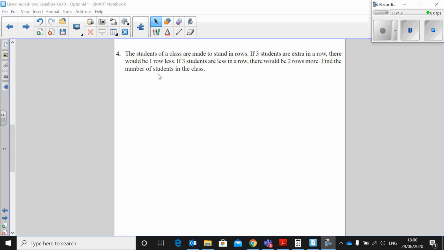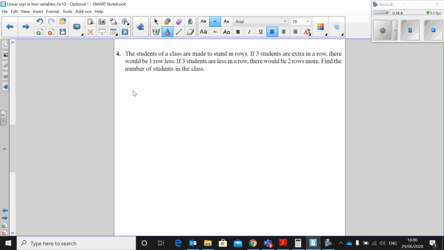The students of a class may stand in a row, so the total number of students remains the same in both cases. And in each row, there are some students, correct? So let the number of rows be x, and the number of students in each row be y.